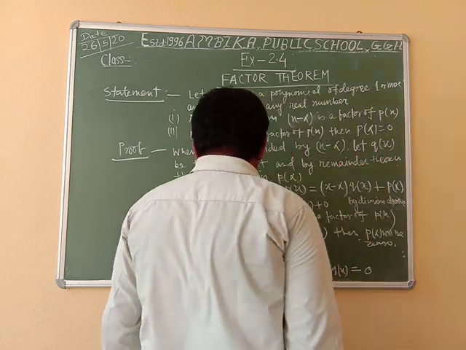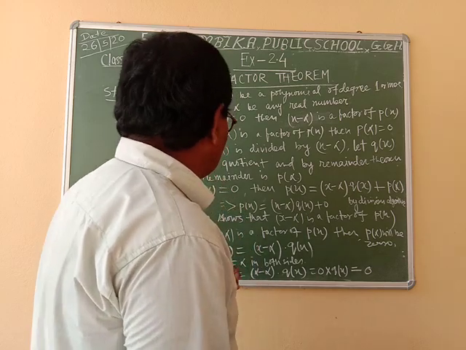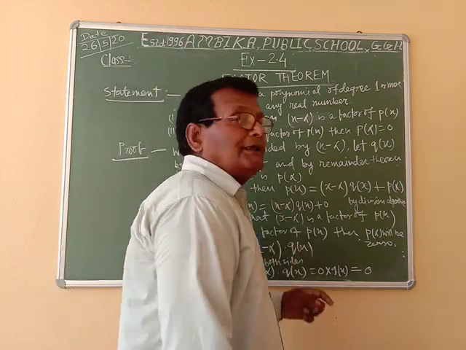This shows that if Px is divided by x minus alpha, then P alpha will be 0.